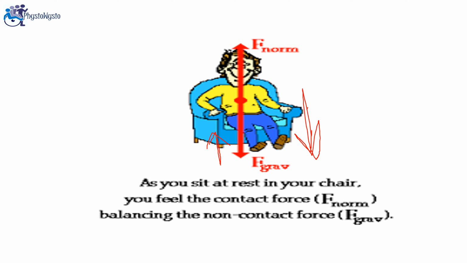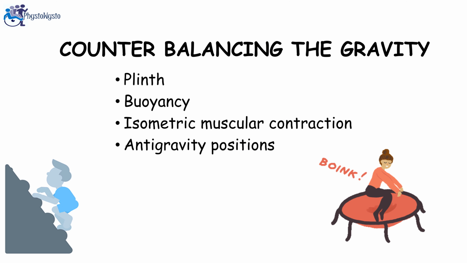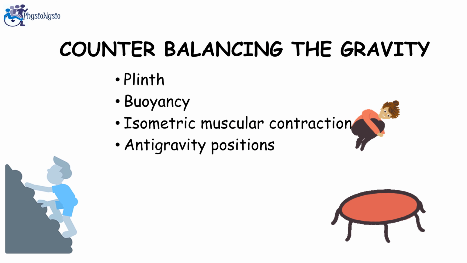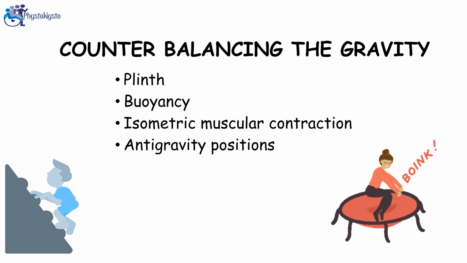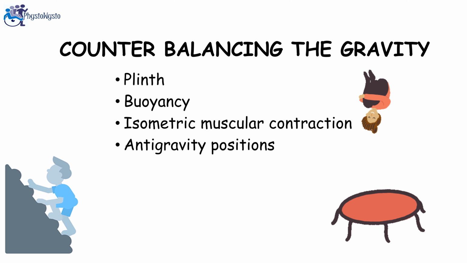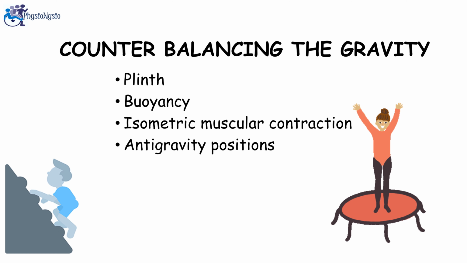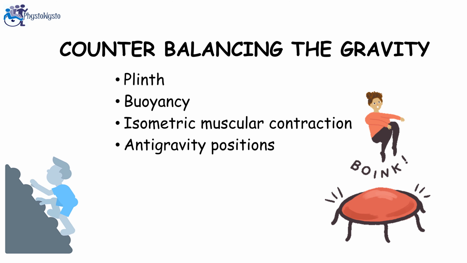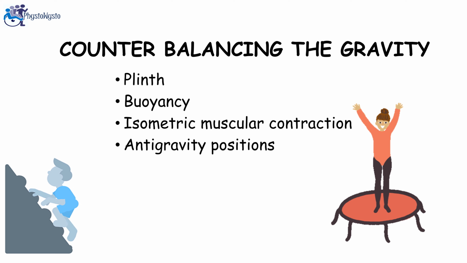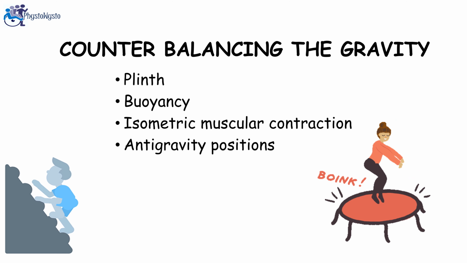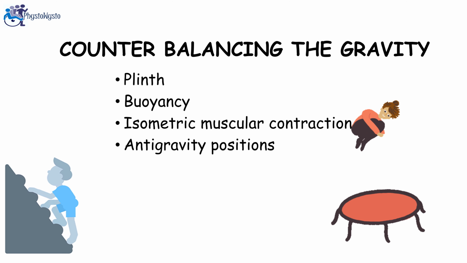But if this gravitational force is unopposed by a person, they will suddenly fall to the ground. On the body, the effects of gravity can be counterbalanced when a force of equal magnitude but in opposite direction is applied. However, if a force of greater magnitude is applied, movement will occur in the direction of applied force.